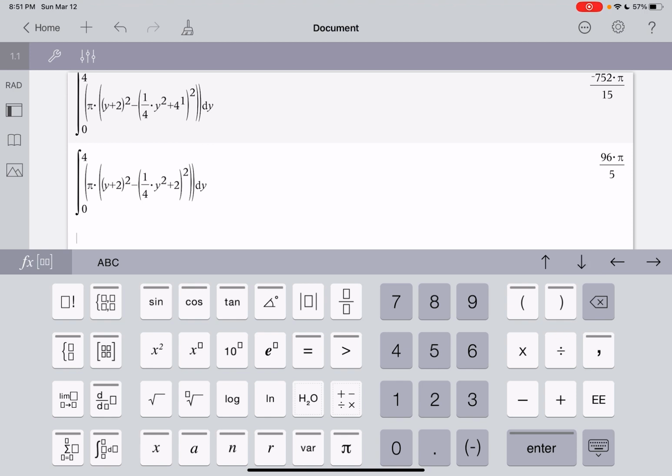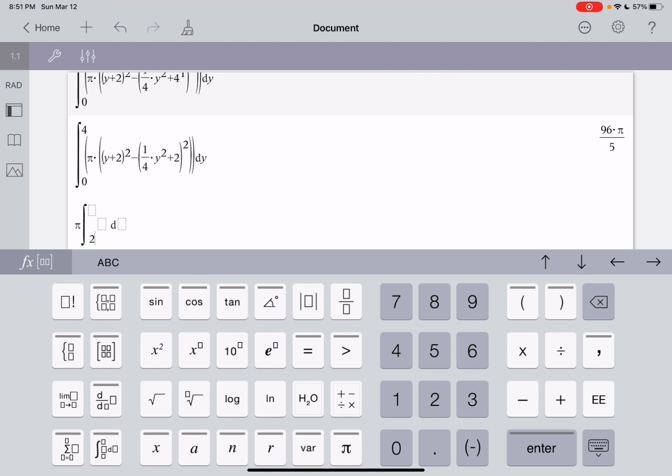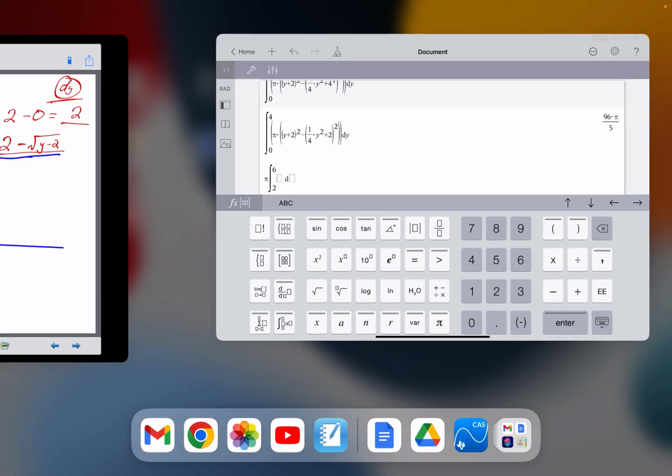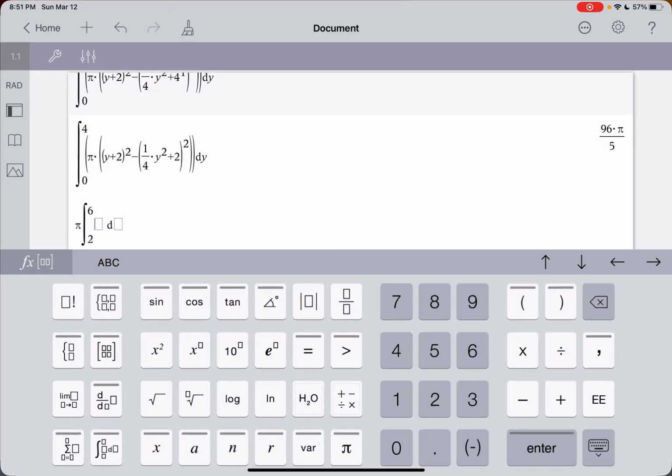I lost it. Where'd it go? There it is, pi. And then here we go, guys, menu 43. So an integral starting at 2 and ending at 6. Gotcha. And then our integrand, I believe, started with just a nice easy 4, and then minus 2 minus the square root of y minus 2. Okay. See how much of that we can get.